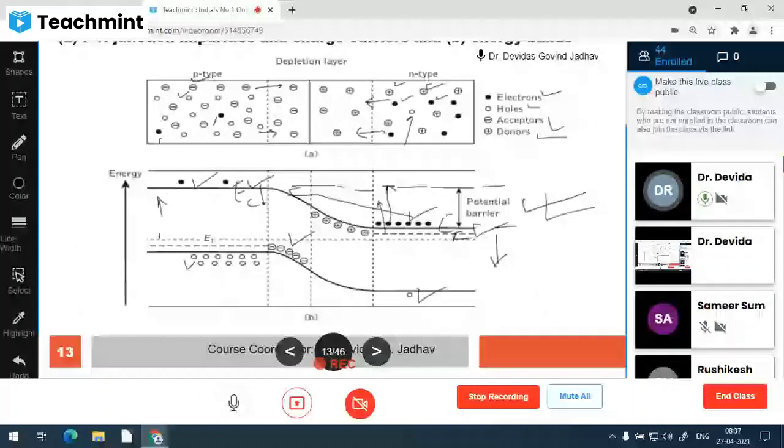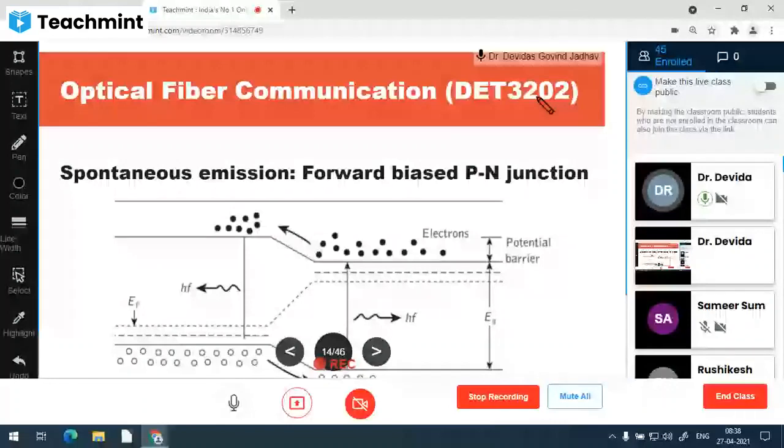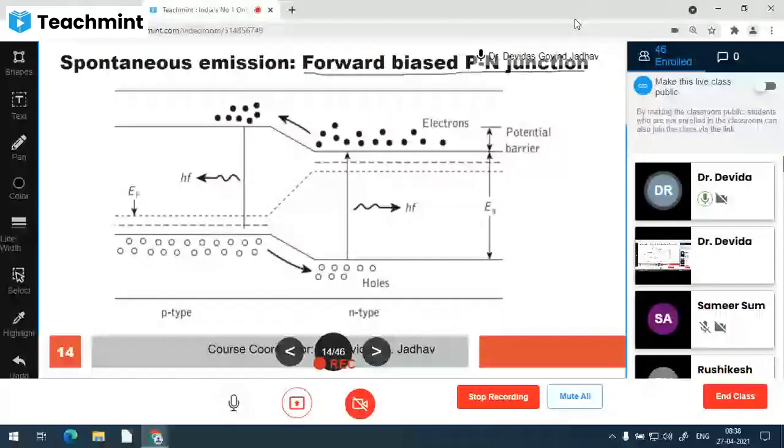So if bias voltage is applied, then these conditions can be changed, and this is observed in this figure, where spontaneous emission takes place whenever there is a forward biased PN junction. There is a PN junction, but it is forward biased. Then spontaneous emission takes place.